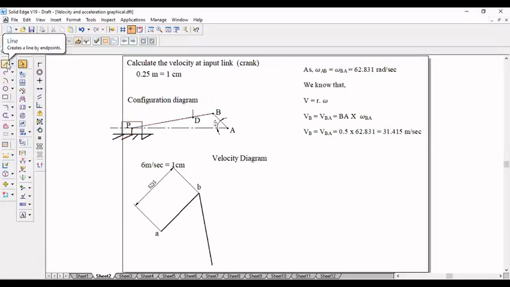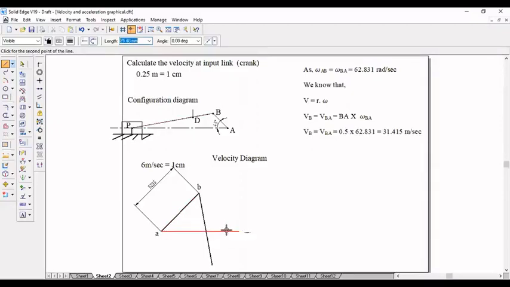So I'll take a line now. From a, I must draw a line to p. A to P will be a horizontal line, such that it will be perpendicular to the piston line. Right now, this is a connecting rod. You have drawn the connecting rod velocity perpendicular to the connecting rod. Same way, now you are constructing a to p. A to P is the piston velocity.